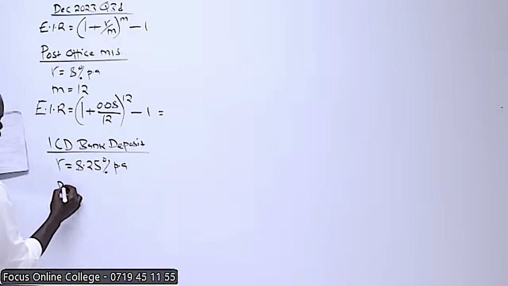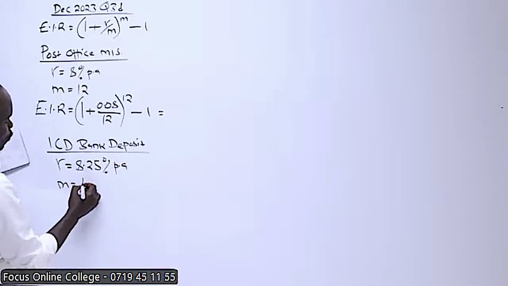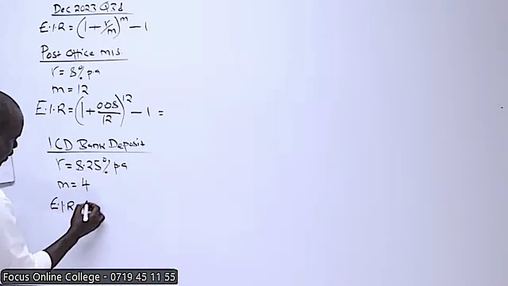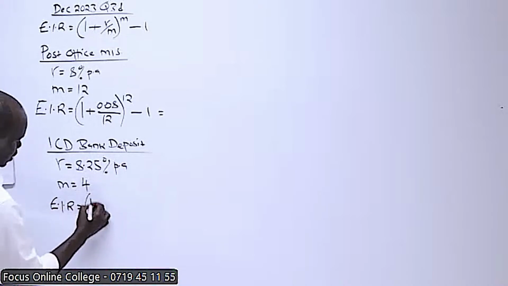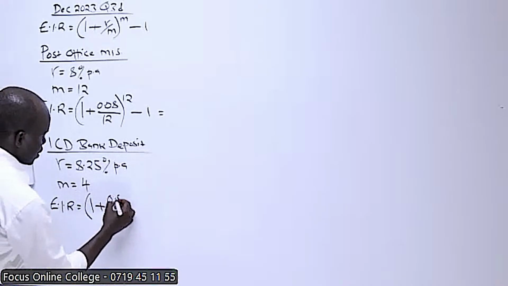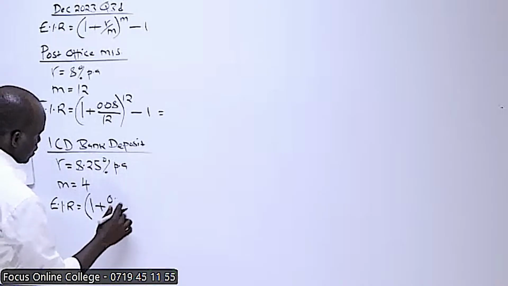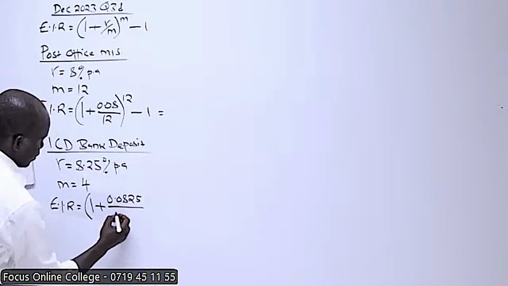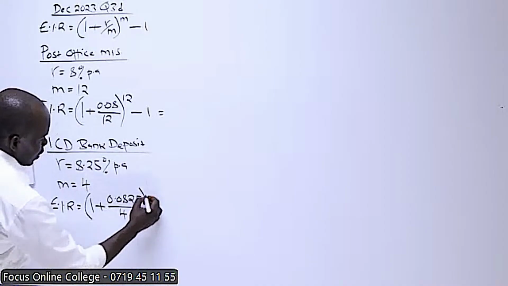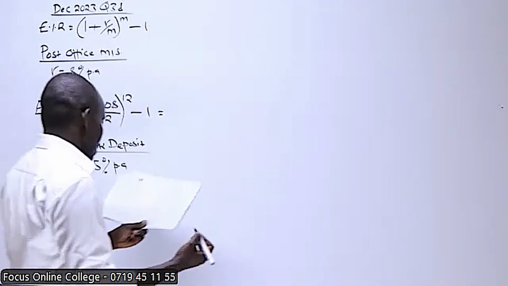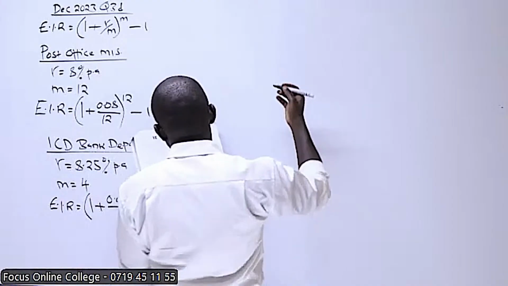M, the number of times compounding occurs in a year, is 4. Then the effective interest rate is equal to (1 plus 0.0825 divided by 4) power 4, minus 1.